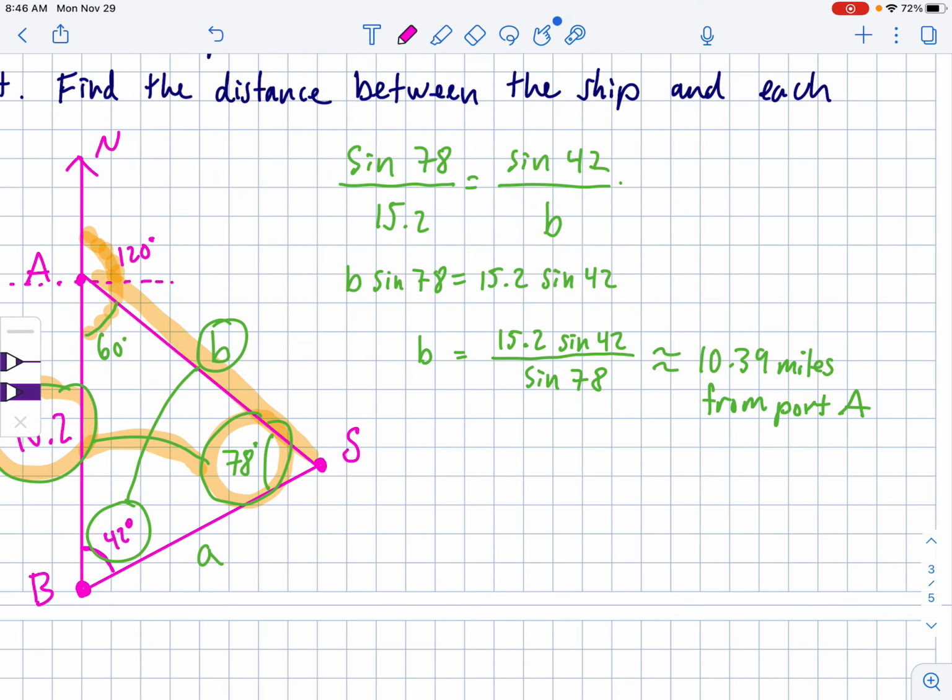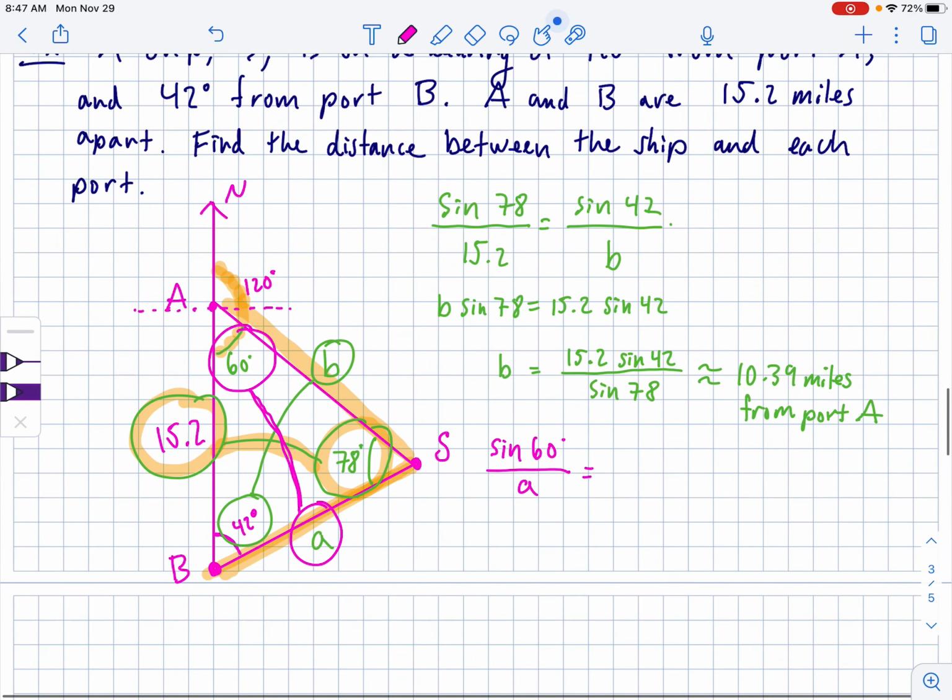Now, to find the distance it is from port B, which is this distance right here, it's almost the exact same problem, but now you're going to take 60 and a, which are connected because they're opposite side and angle. So we can say sine of 60 degrees over little a is equal to, once again, the solid pair being sine of 78 over 15.2.